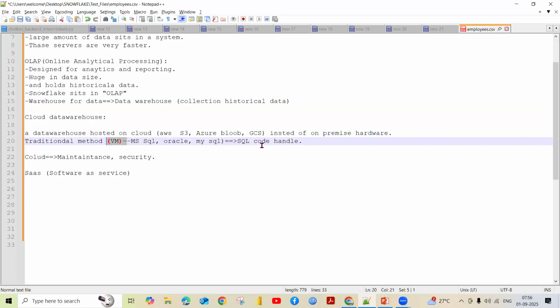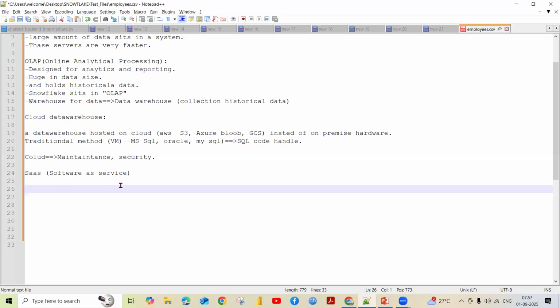and you do not need to bother about where the server is designed and other capabilities, infrastructure management and security. You do not need to bother about those things, because once you get an account from Snowflake, it handles everything, whatever infrastructure and backend is needed. Snowflake itself will take care. That's why it is software as a service, meaning you do not need any physical system or anything.